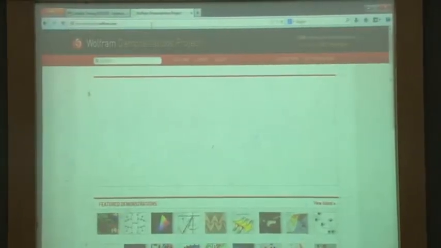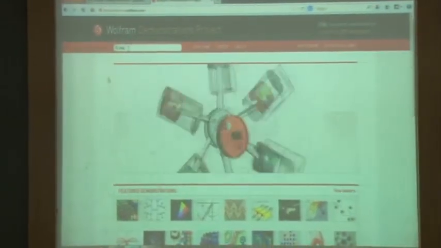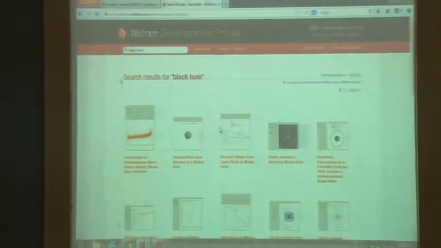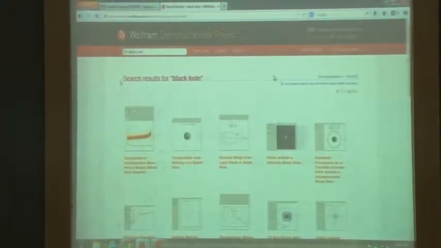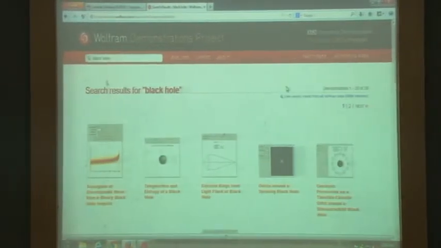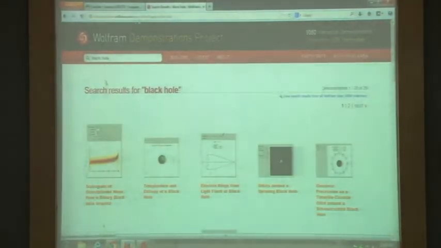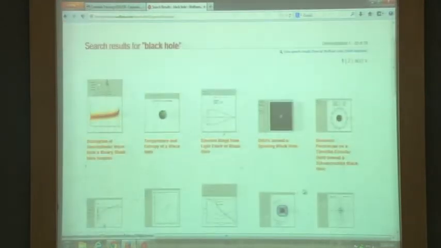Here you will have directly interactive examples about your area of expertise. So, say black holes. How many people are interested in black holes in Mathematica? Well, you get 29 examples. But you can search whatever your specialty is. So that's demonstrations.wolfram.com, and then you can just click on it.